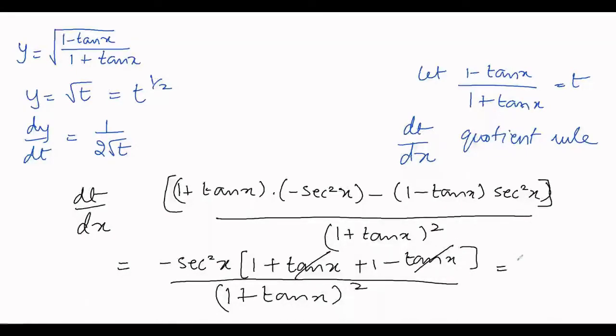Minus 2 secant squared x in the numerator, and 1 plus tan x whole squared in the denominator. So let me continue to simplify this. I want you to make a note of this. dy by dt, and this is dt by dx. Let me clear this. Now, our objective is to find dy by dx.